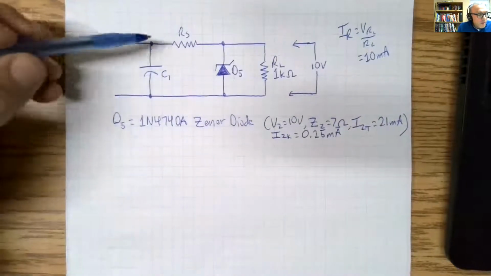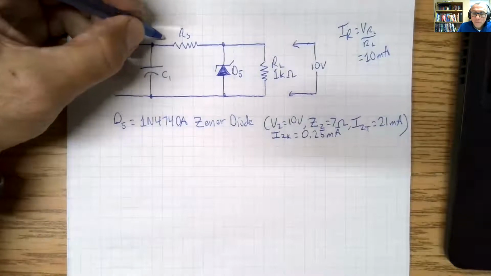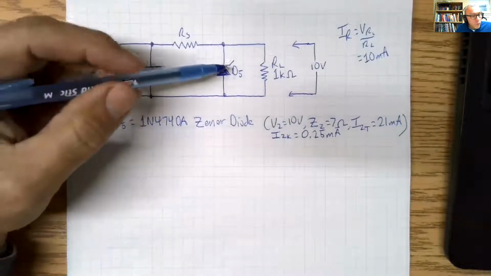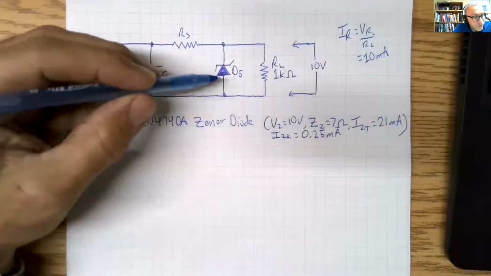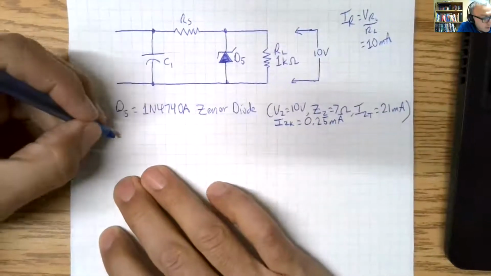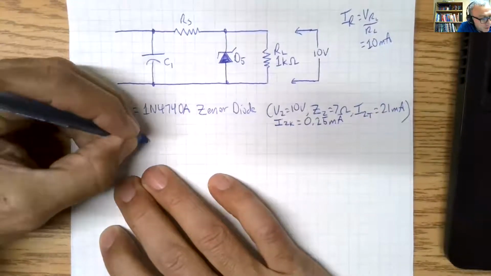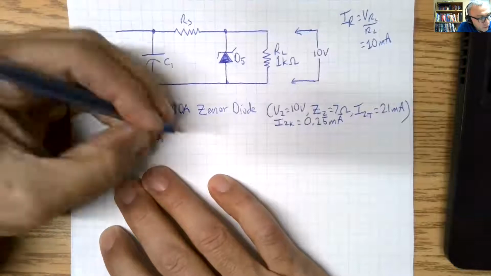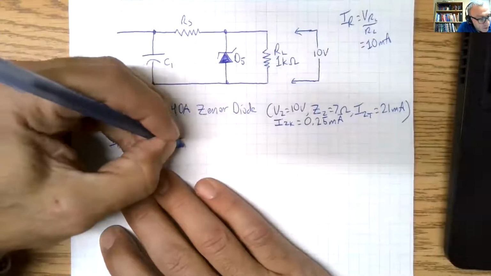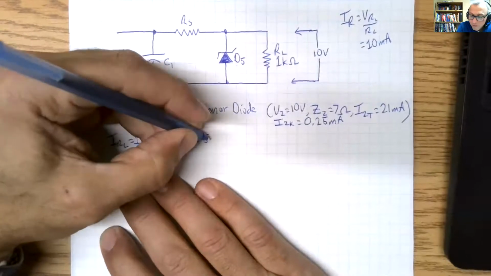So what we need to calculate now is how much current is going to be coming in here. If I want IRL to be equal to 10 milliamps, and let's just say we want the current going through the Zener diode, through D5, to be 5 milliamps.